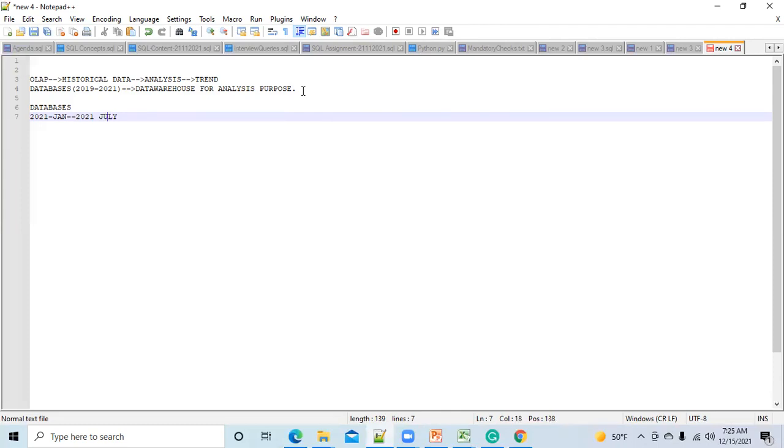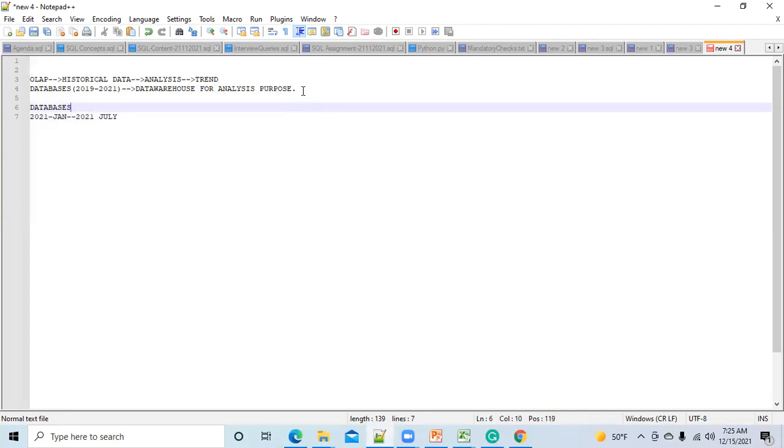So what will you think? Come on, guys. You will think that you already have 6 months of data in your database. Now let's move that 6 months of data where? Data warehouse. Yes, you move that 6 months of data to the data warehouse.